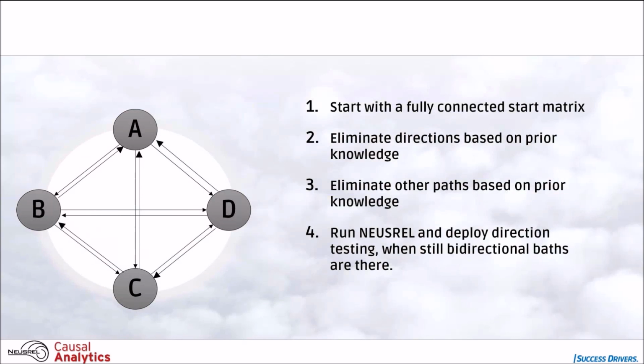So what is the process with the NEUSREL? So you start with a fully connected dot matrix. Dot matrix means you start with connecting every variable with any others, right? Everything is connected with any others. Then you may eliminate directions which you are confident are not true, based on prior knowledge.